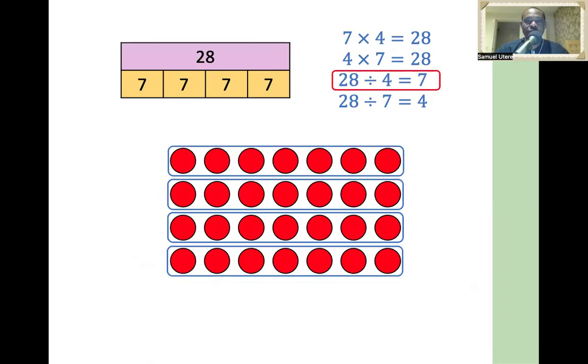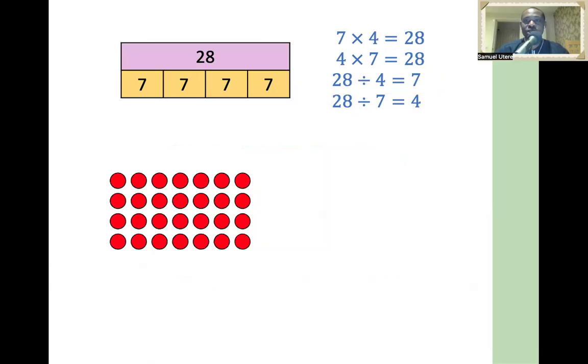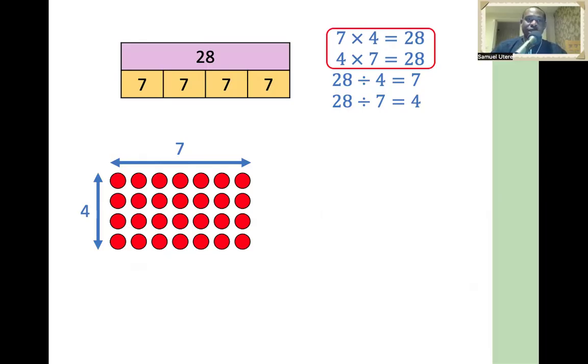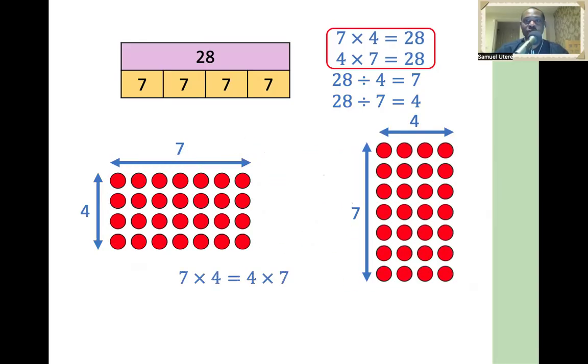So these are some of the properties of multiplication and division that you need to start learning about. Now, we can say this is 7 by 4, which is 7 times 4, or if we swap it around, that is a 4 by 7.